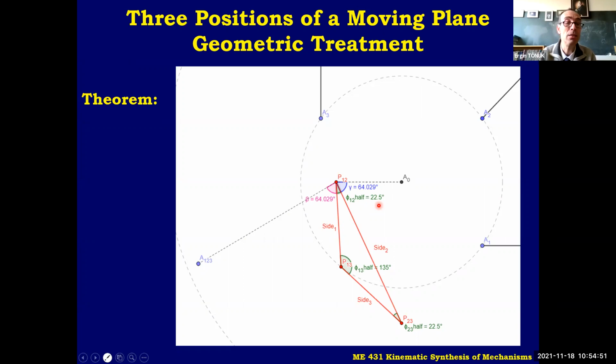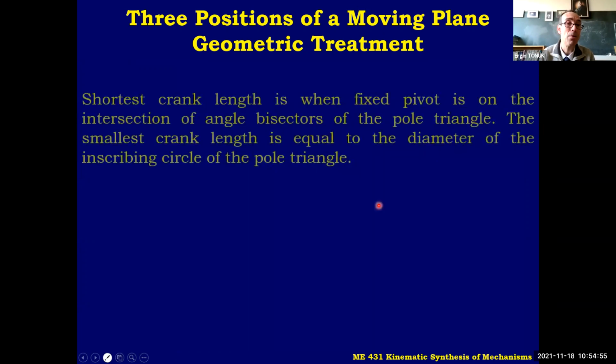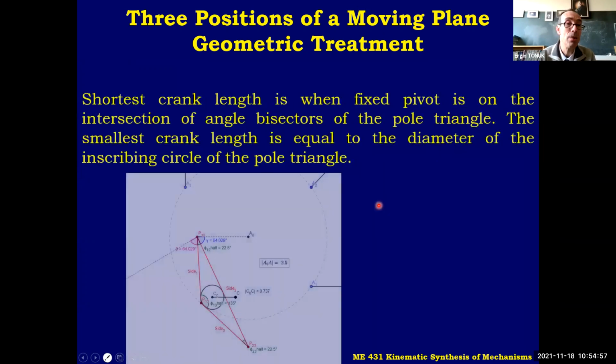Now, we have another important property. We can obtain the shortest crank length when the fixed pivot is on the intersection of angle bisectors of the pole triangle. Well, you might have certain design constraints, and you may want a very short crank.